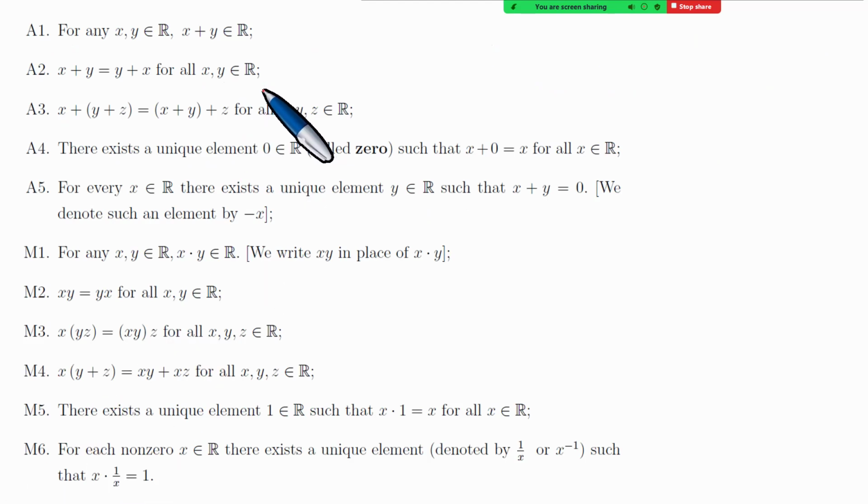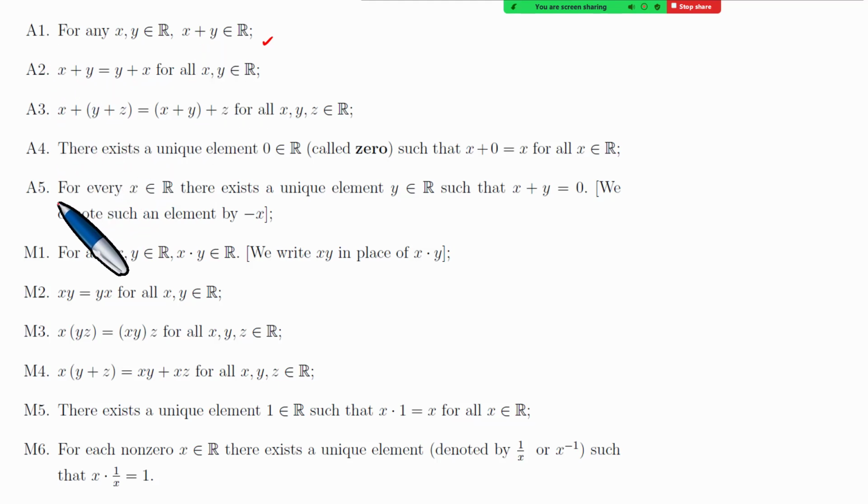Let us go through the axioms quickly in terms of what the axioms of a field are. First, A1 would be that for any x and y in R, the sum is in R. That is A1, axiom 1. Axiom 2, whenever we have x plus y, then it is true that it is y plus x, for x and y in R. So in other words, you have commutativity, but also closure under the addition property.